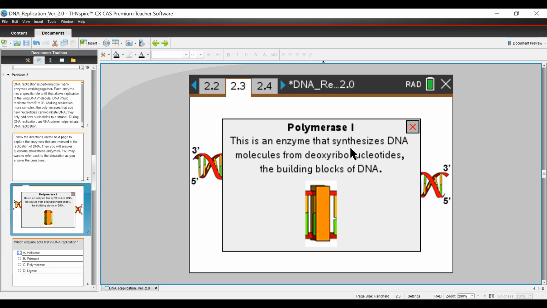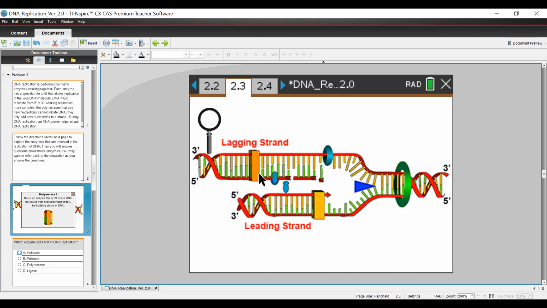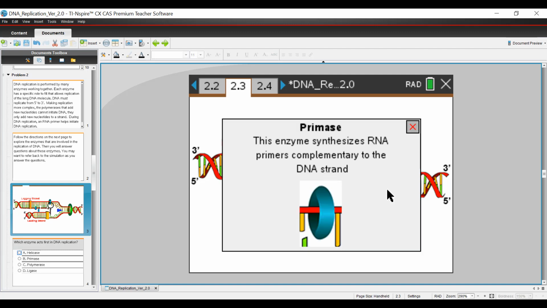And what it does is it actually is responsible for adding DNA in replacement of the RNA primer. So remember we said that the, let's see, which one is that one? That's ligase, I think it's this one. So this is primase.